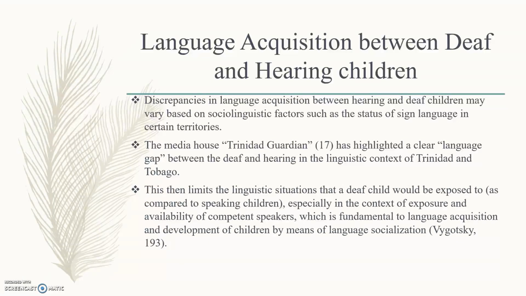So this then limits the linguistic situations that a deaf child would be exposed to as compared to speaking children, of course, especially in the context of exposure and availability of competent speakers, which is fundamental to language acquisition development and the development of children by means of language socialization.